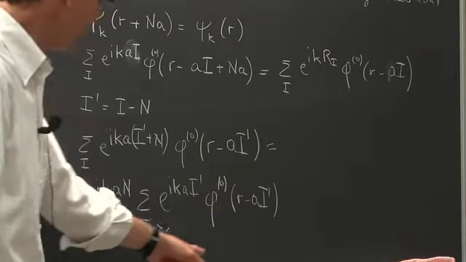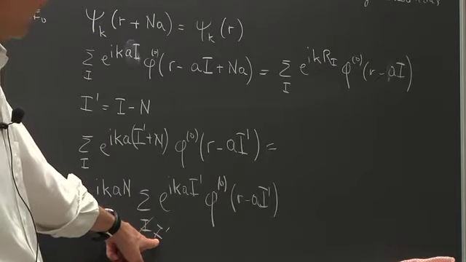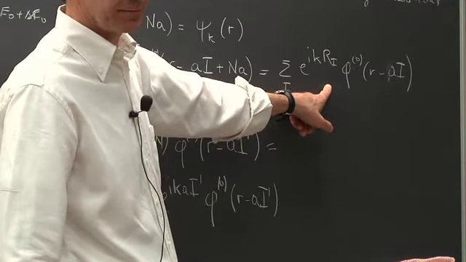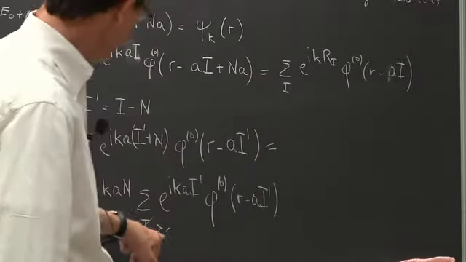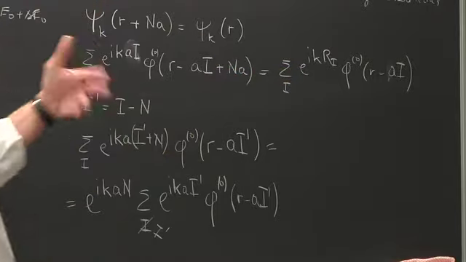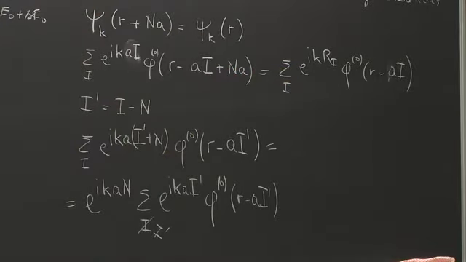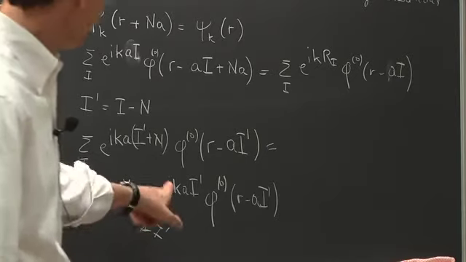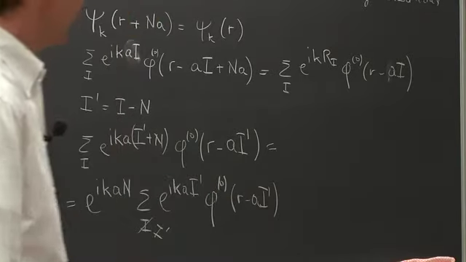But this object now, if this is i prime, is identical to the right-hand side, right? The only difference is that the index is called in a different way, i prime here and i there, but a running index I can give any name I like, as long as it runs over the same range of values, which is minus infinity to plus infinity. So this object is the same as the right-hand side.